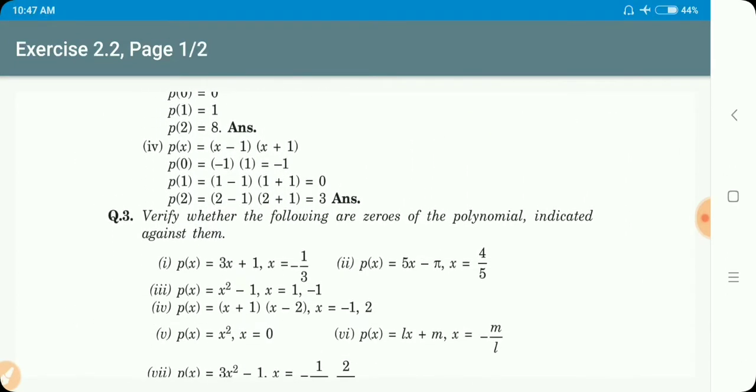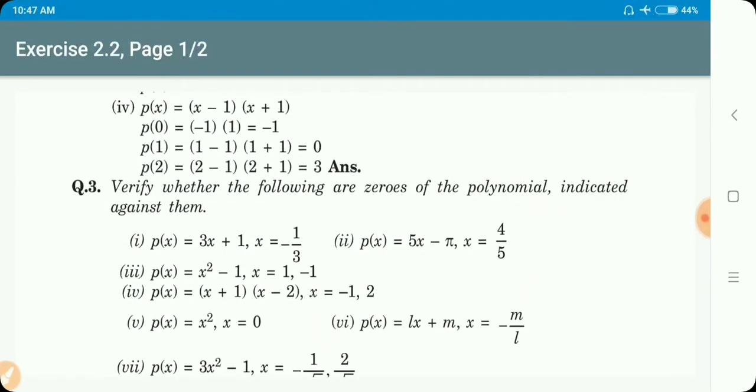Now I am going for the third: verify whether the following are zeros of the polynomial indicated against them. I have already told you, if a polynomial is given and we put it equal to 0, then the value of the variable by which the polynomial becomes 0 is known as the zero of the polynomial.